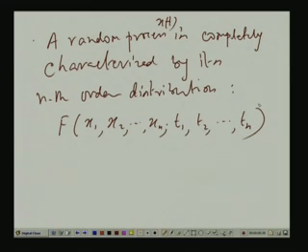So, if this is true for all n and all possible choices of t1, t2, tn, then the process is completely characterized. Okay.